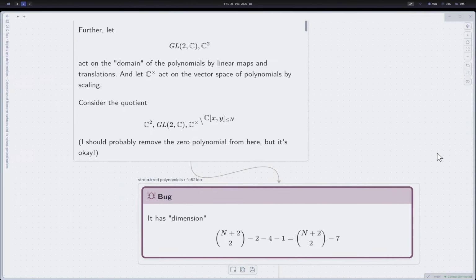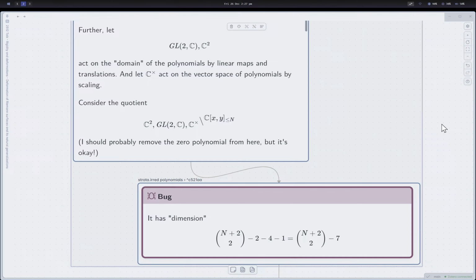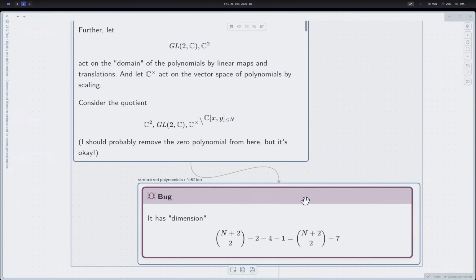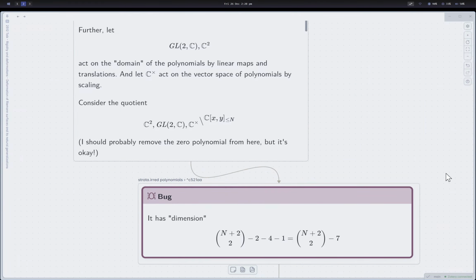It might have connected components of different dimensions. It will not be Hausdorff. So 0 is like a fixed point. That's an issue. I think it will not be a Hausdorff space. So if I remove 0, then I could say something maybe. So this is why this dimension count is in a box. This is not exactly correct.